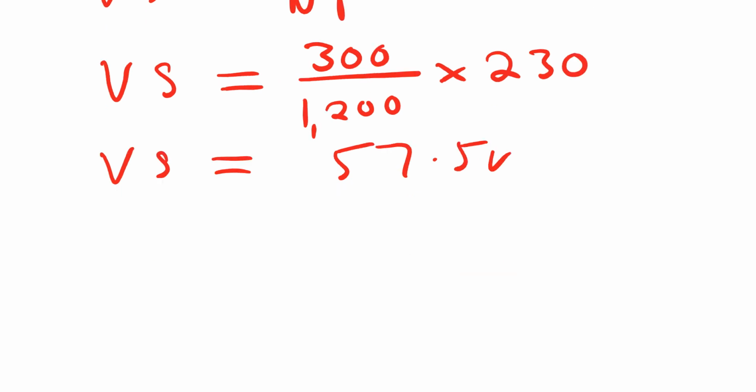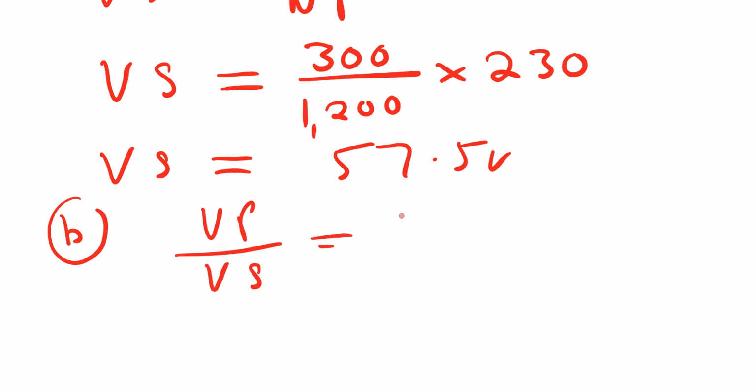Now part B, we want to find the number of turns secondary. So take out of the equation the part we need. So we'll start with Vp over Vs equals Np over Ns, because we're given voltage, Vs, and we've got Np and Ns. That's our starting point. But we've got to find Ns. So the first thing we'll do, like before, we want Ns at the top, so we invert this side, we must invert that side.